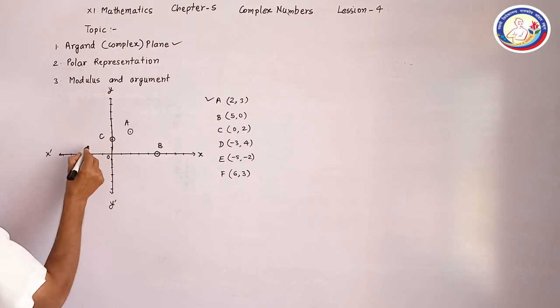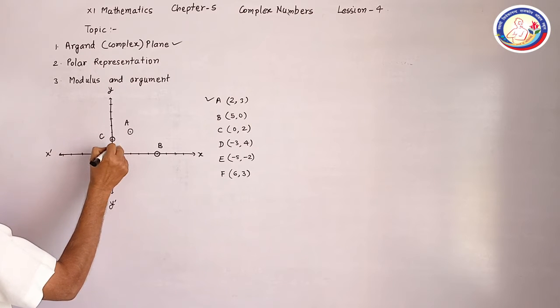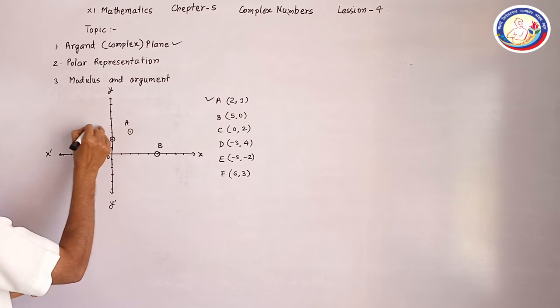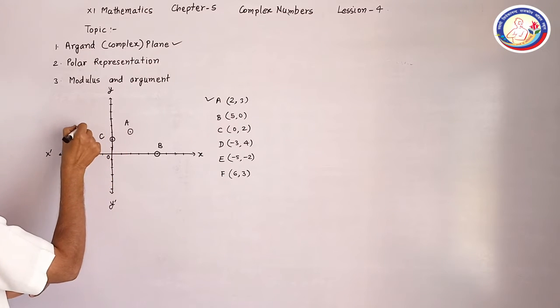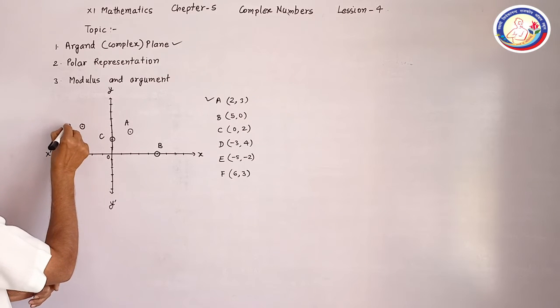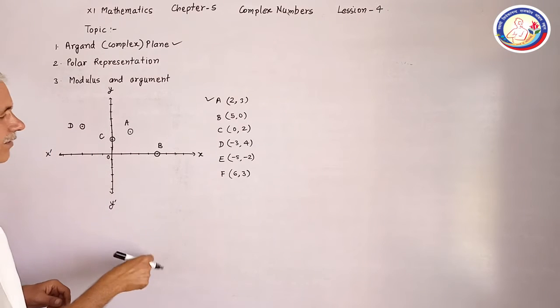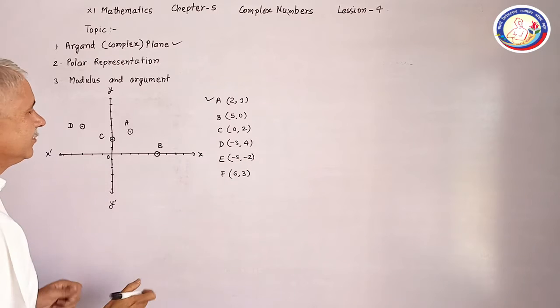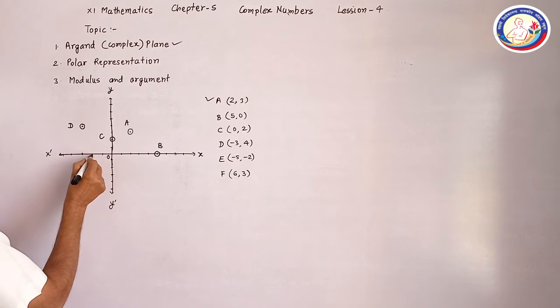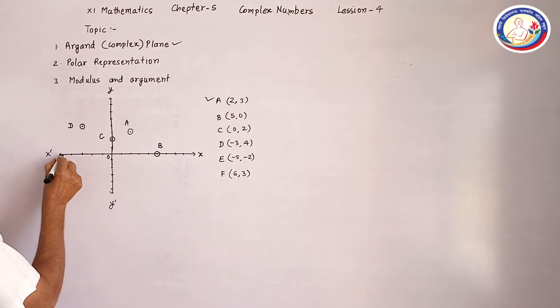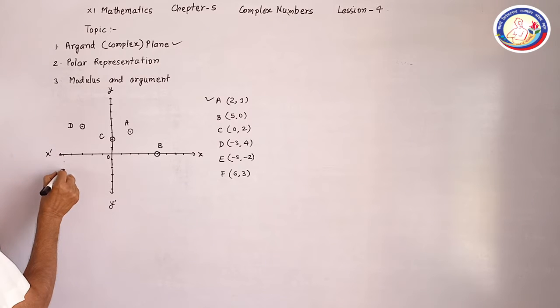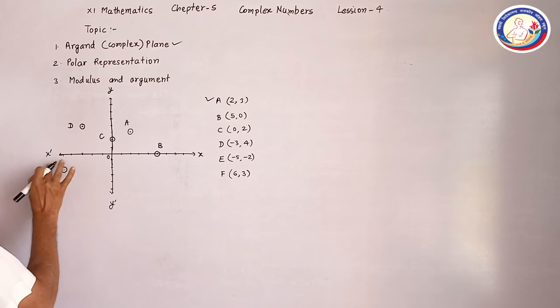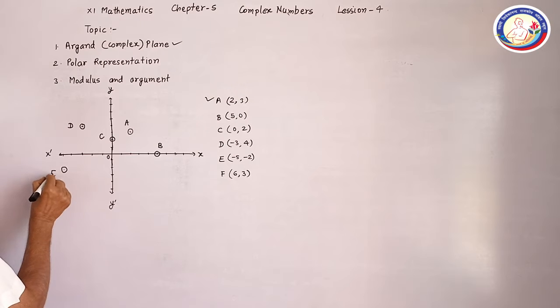So 4 will be in the upward direction. 1, 2, 3, 4. Here it will be. This will be D. And in the same way, -5, -2. This is -5, -1, -2, -3, -4, -5 and -2. This is E.